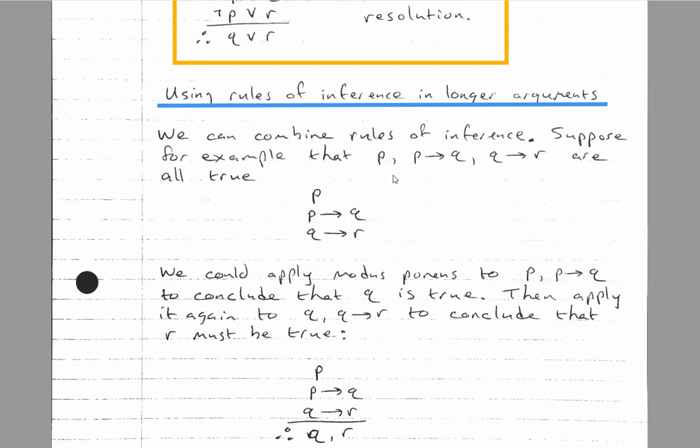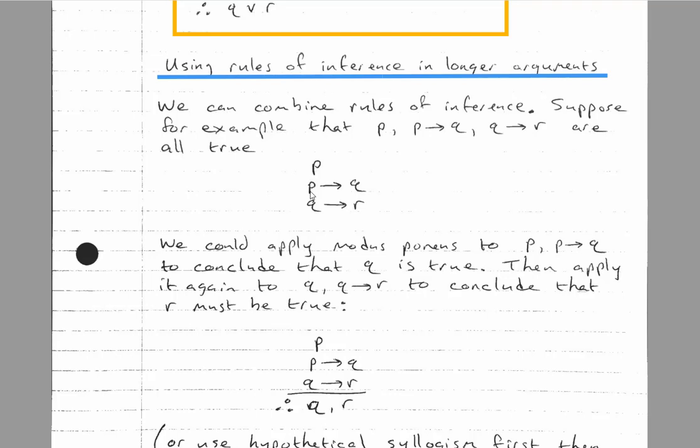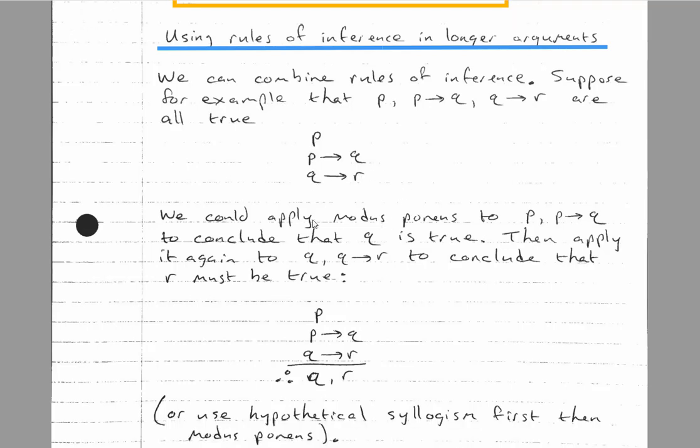Suppose, for example, that P is true, that P implies Q is true, and that Q implies R is true. So these are all true. What can we conclude? Well, we can apply modus ponens to the first two and get that Q has to be true.